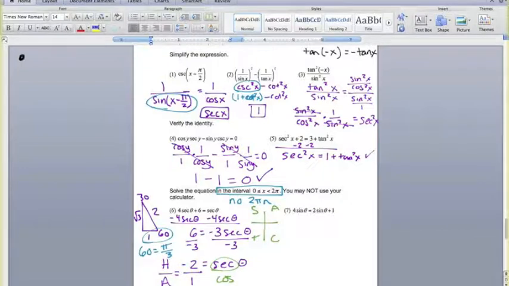Our equation says that cosine is a negative value. So I want to choose the places where cosine is negative. All means all of them are positive, and I don't want that to happen. And C means cosine is positive, and I don't want that to happen because I want cosine to be negative. So I'm going to choose my answers in the S quadrant and T quadrant.